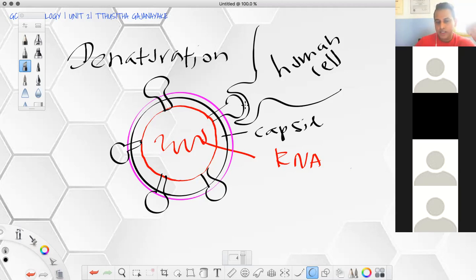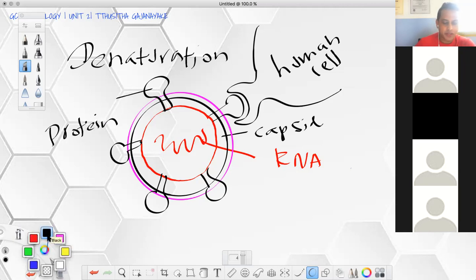So when we use soap, when we use ethanol, as I mentioned today, these are proteins. What will happen is these chemicals can break the bonds and change the shape of the proteins.